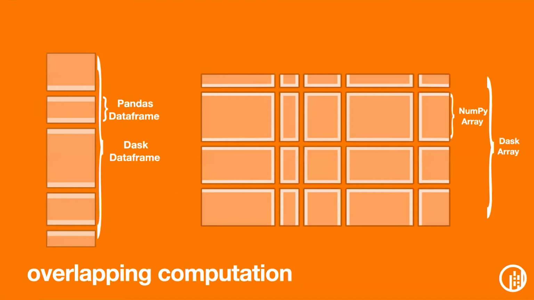And one thing which wasn't mentioned so far is overlapping computation. If you do overlapping computation in a Dask data frame, you essentially copy a specific number of rows from the data frame before your chunk and after your chunk into that chunk itself. So when you do something like a rolling average, you don't have to retrieve data from other chunks, and everything is within your chunk.